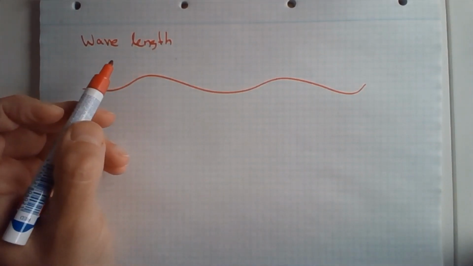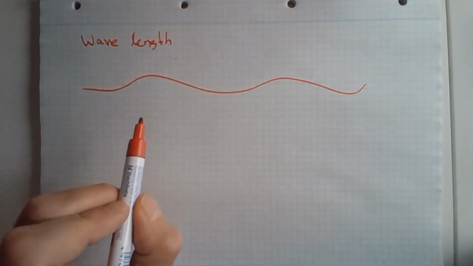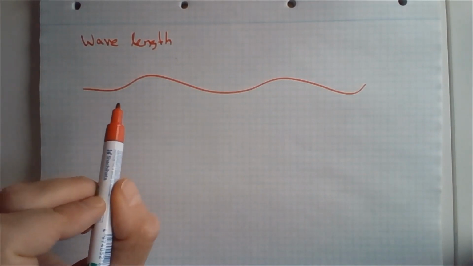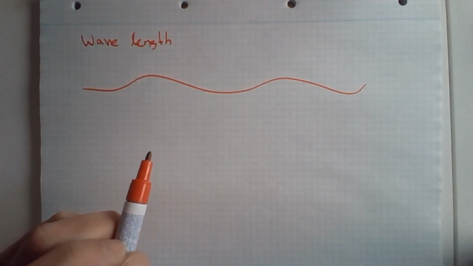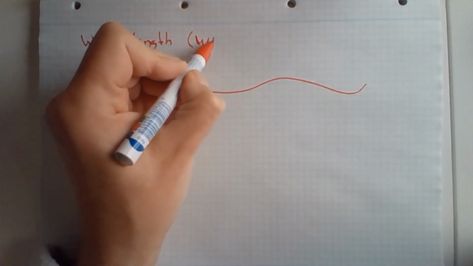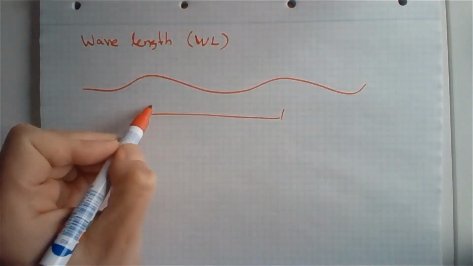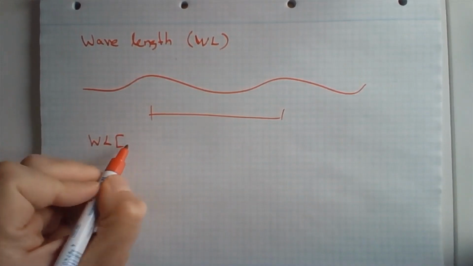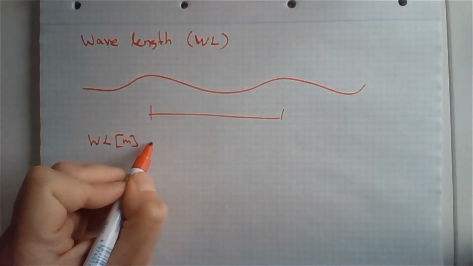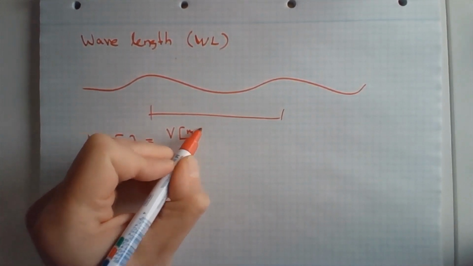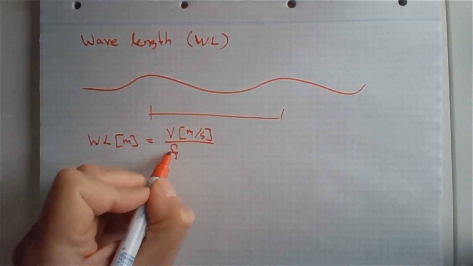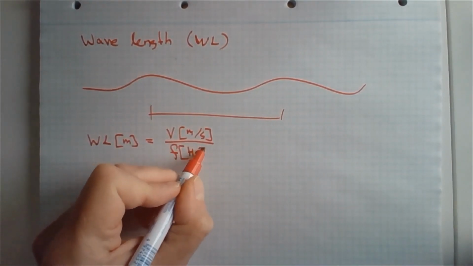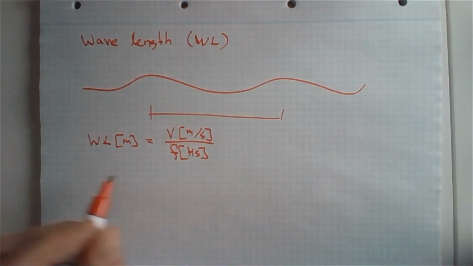And if we want to switch the viewpoint from a sine function to wavelength, then we can use the following expression. So this is wavelength, and the wavelength is measured with units of length, let's say meter, and the wavelength is related to the speed of the travel in meters per second over the frequency of the sinusoidal input we used before.